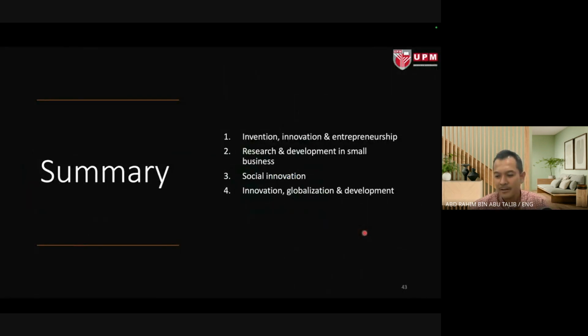In summary, we have spent nearly 50 minutes looking in general at invention, innovation, and entrepreneurship, research and development in small business, social innovation, innovation in globalization, as well as development. Bear in mind, we are not going into very detailed explanation about what is entrepreneurship, how to become an entrepreneur, and so on.